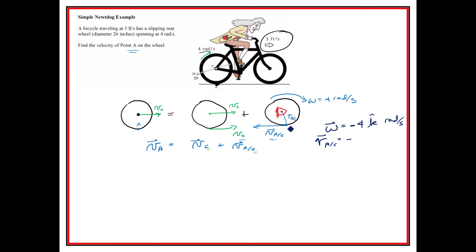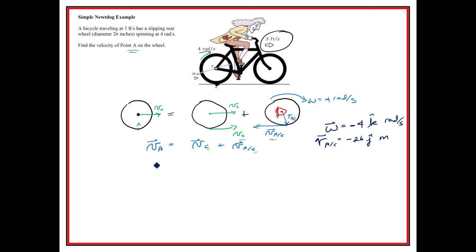Because we're going A with respect to C. C is the ground point, so the vector is pointing downwards to there, so it's a negative 26 inches, and that's in the j direction right there.